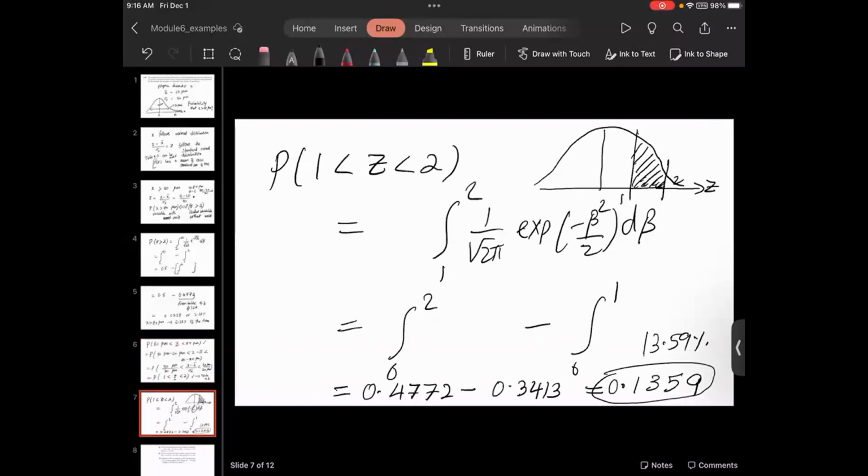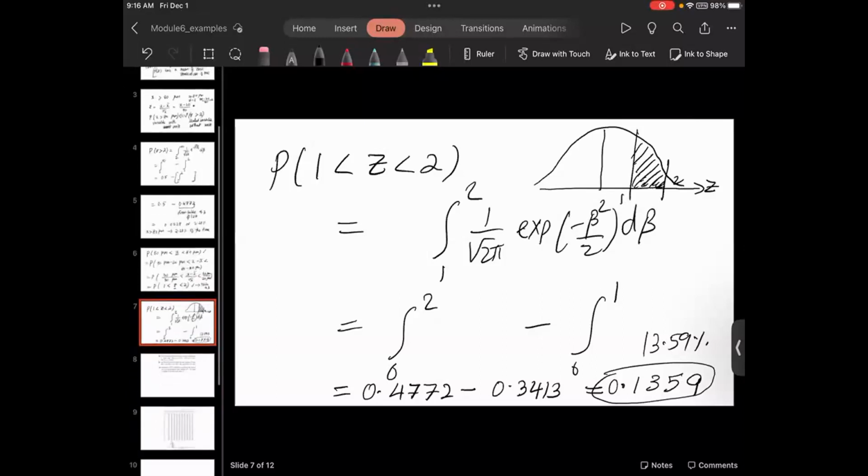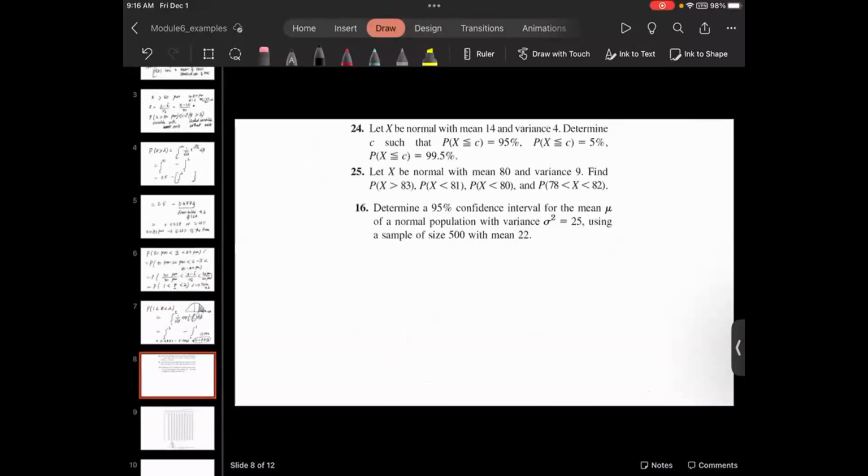All right, so we just did one example, the template example for this type of problem. Let's do a few more. So I copied these from another textbook.